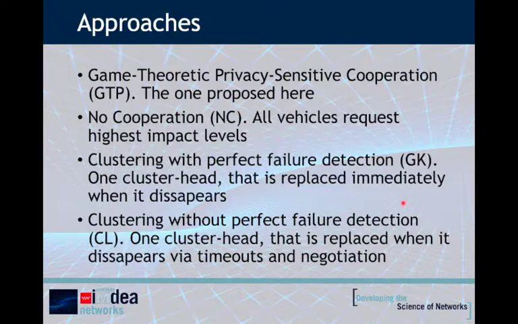Finally, a more realistic clustering is assuming that the clustering doesn't have perfect failure detection. So the detection of the cluster head leaving the area, this 2 by 2 area that we are assuming, is detected using some timeouts, and when that is done, then all the vehicles that are still in the area need to negotiate and elect a new cluster head, which again takes a little bit of time.